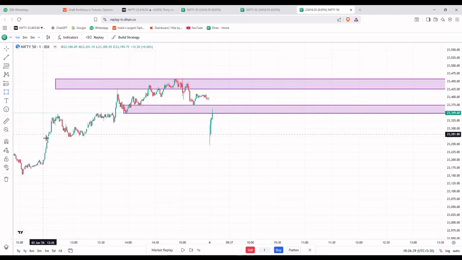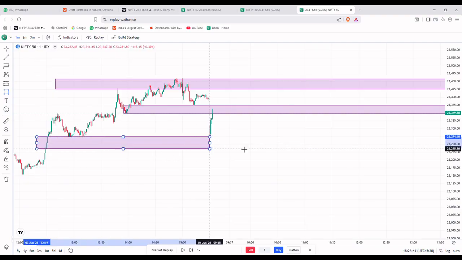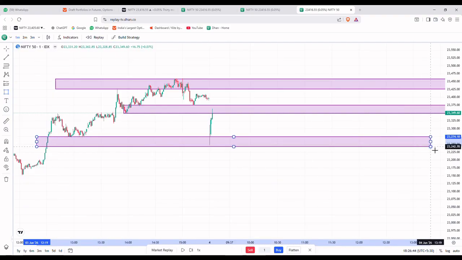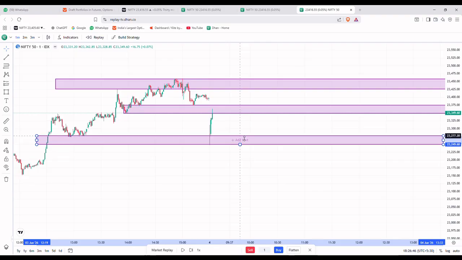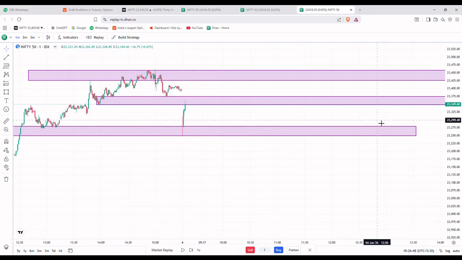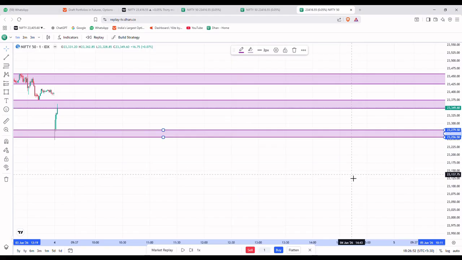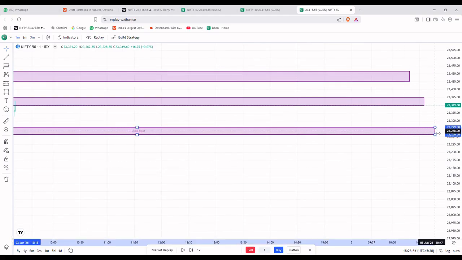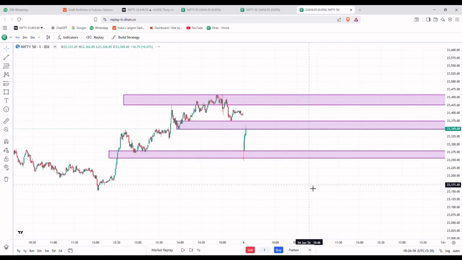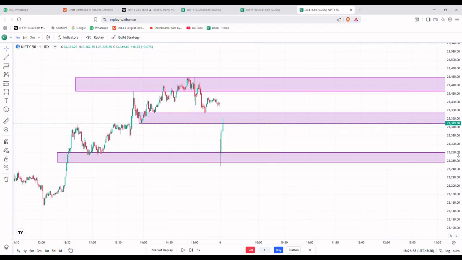If you see, in the past also there is a reversal that has happened. So I will draw this and pull it to the next days, so that we can take advantage of previous support and resistance.